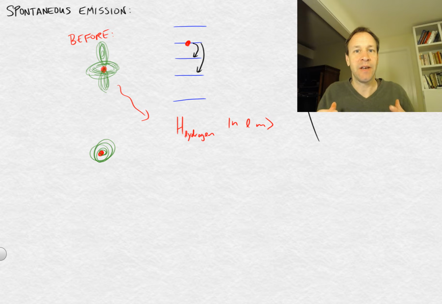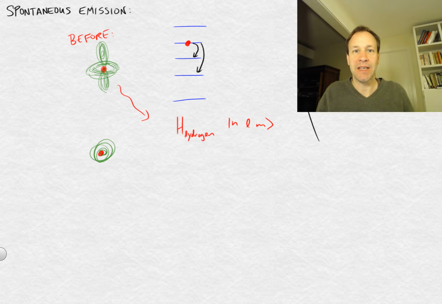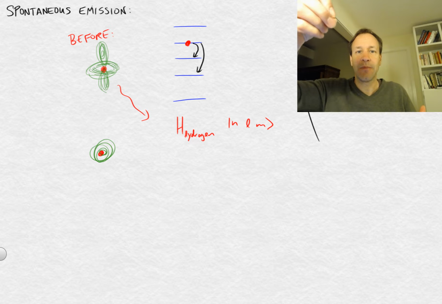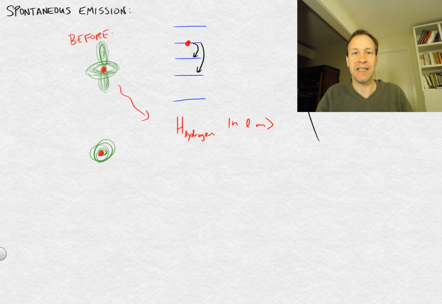And we said previously, the way we understand energy eigenstates is that they do not evolve with time. When you have an energy eigenstate, all of the physical properties of the state are constant in time, and that's why we call them stationary states. And so now I'm saying that that energy eigenstate can decay and change to some lower energy state and emit this electromagnetic radiation. Okay, so what's going on?